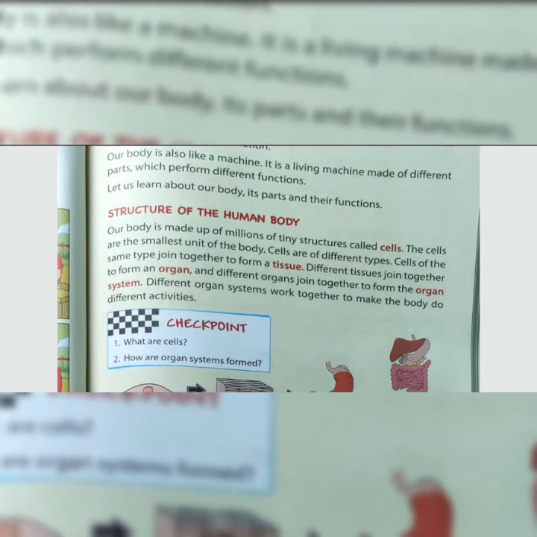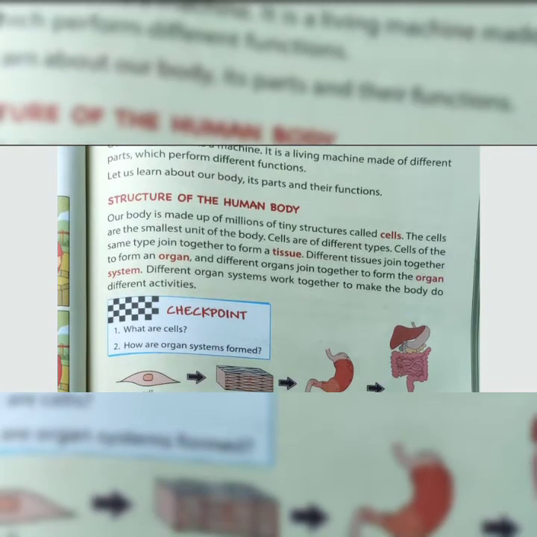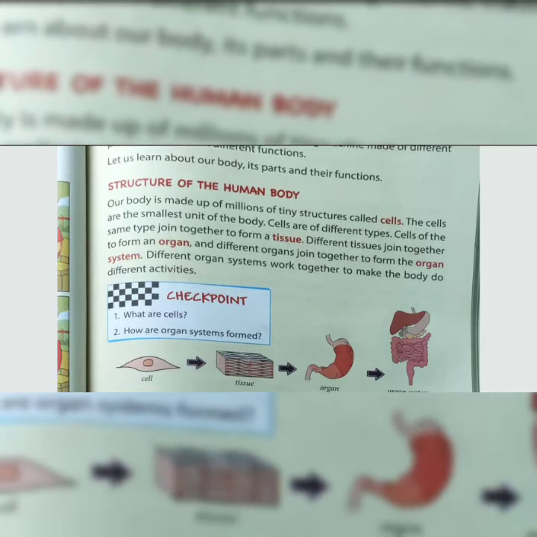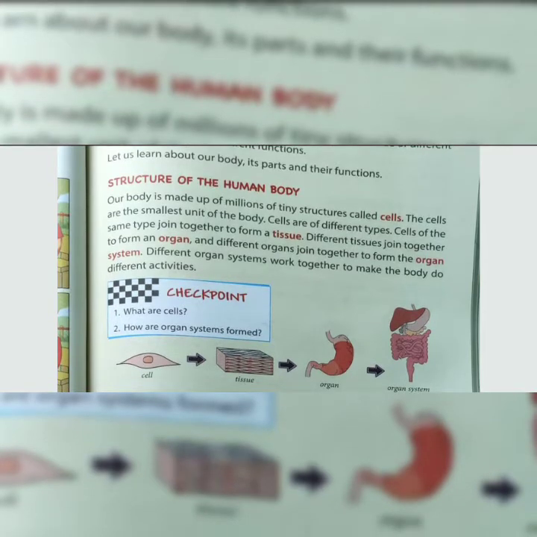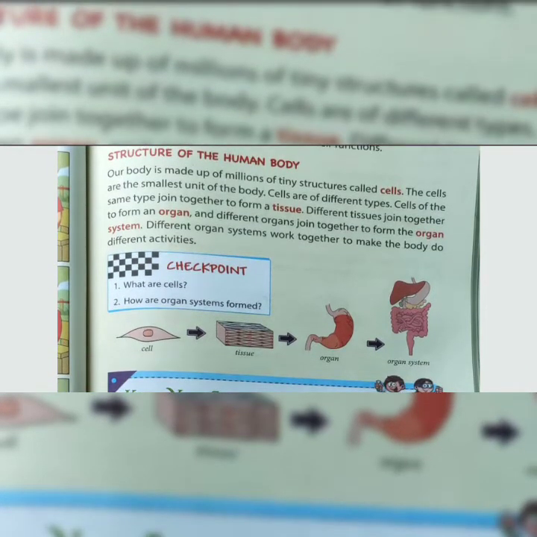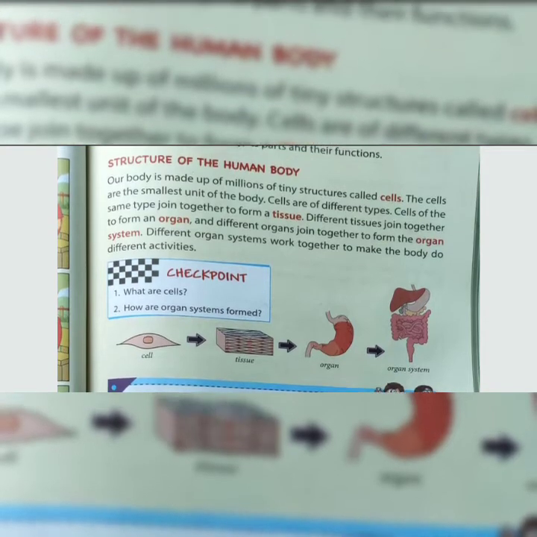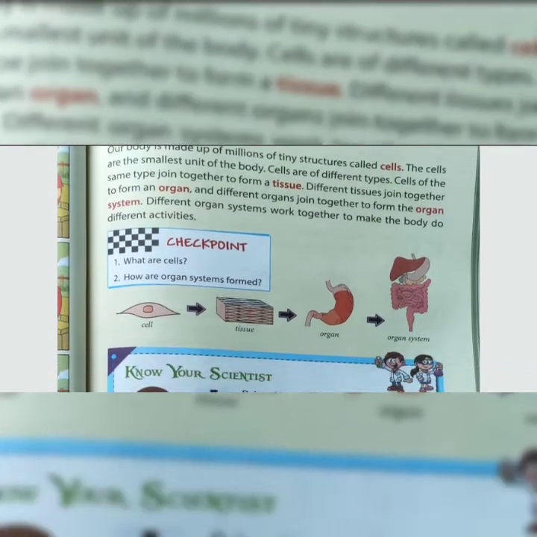Different tissues join together to form an organ, and different organs join together to form the organ system. Different organ systems work together to make the body do different activities.